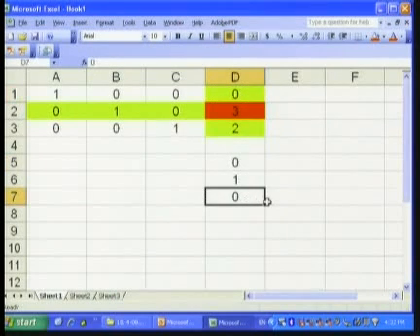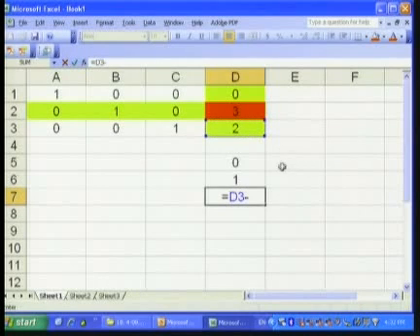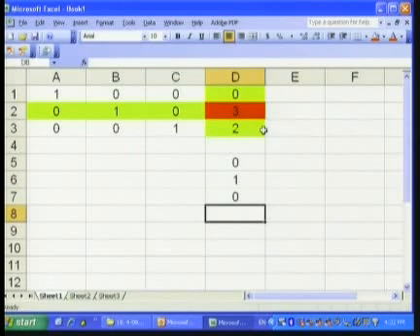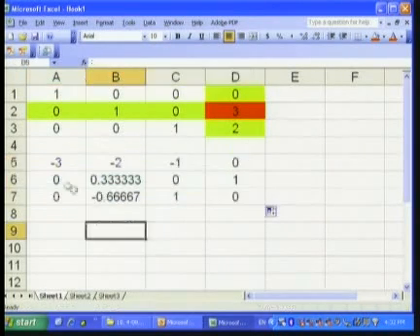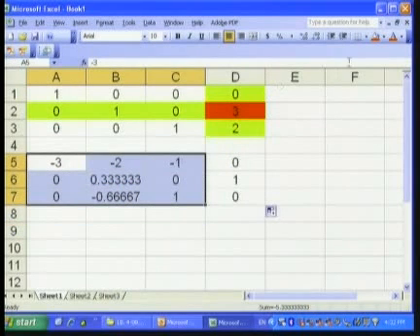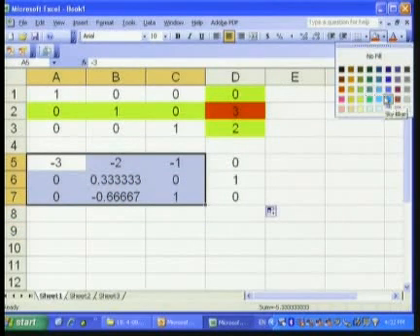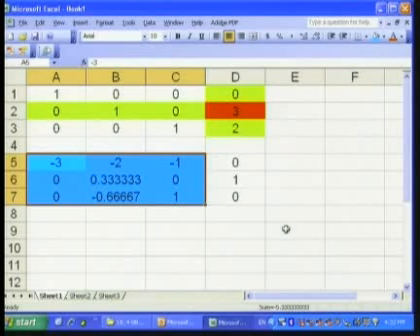The third row must be replaced by the third row minus the pivot row times 2 over 3, right? And copy that formula and paste it. And this part must provide the new basis inverse matrix. Okay?